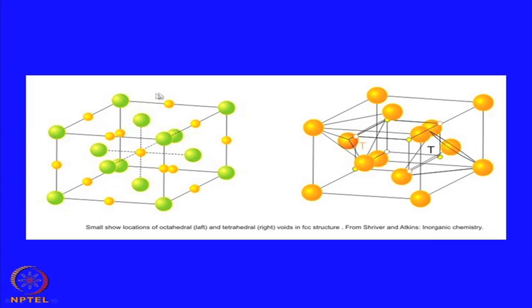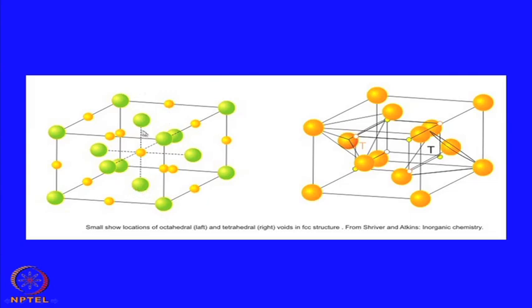Whereas, if you consider the face center positions, these atoms are shared by 2 unit cells, this one and another on the top. So, half of it will go to that unit cell and half of it will be in the bottom unit cell.